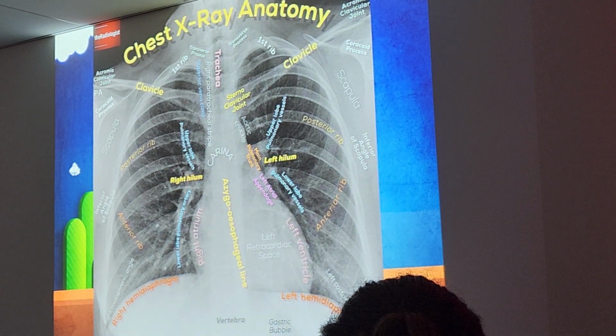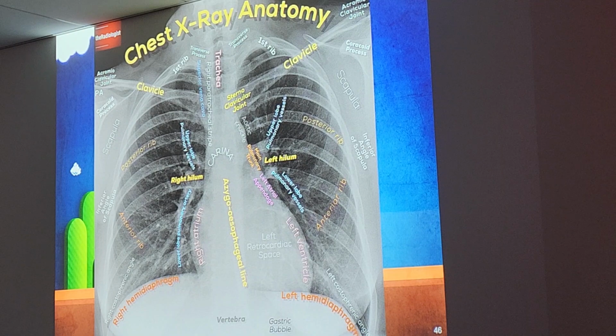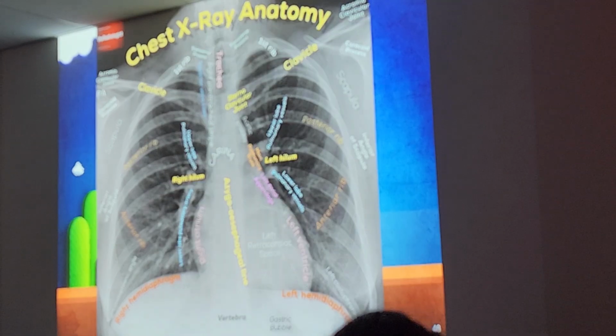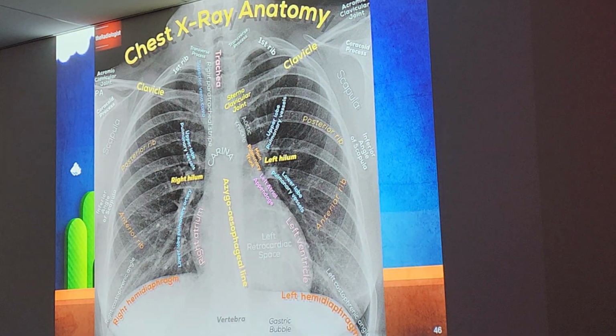Do you want to take this one? This is just more of a visualization, guys, of all the anatomy found in a single chest X-ray that a radiologist is going to look at. Now, I want you to focus on what we've talked about so far, but a lot of these words you see here, we're going to fill in as we go through subsequent chapters, because all the anatomy is going to start overlapping with each other.